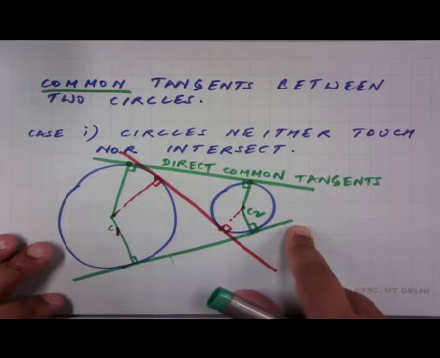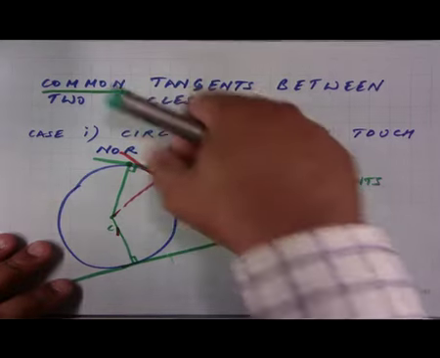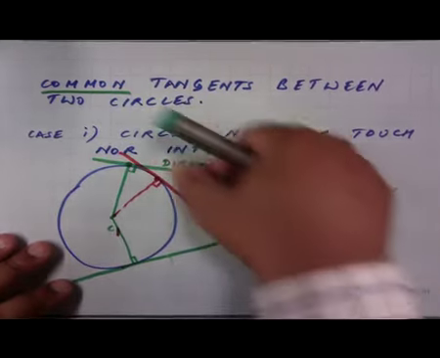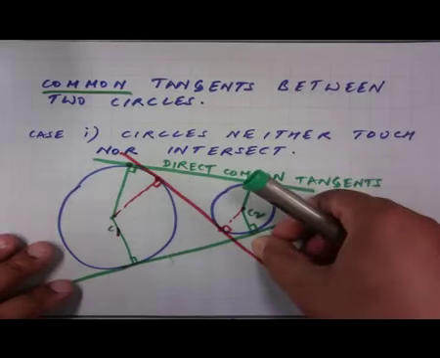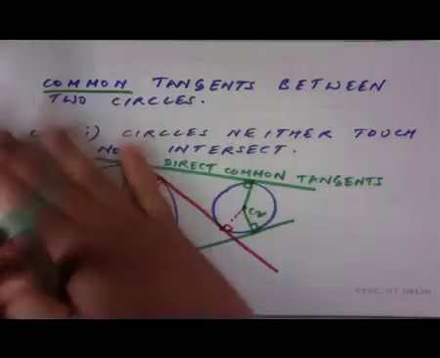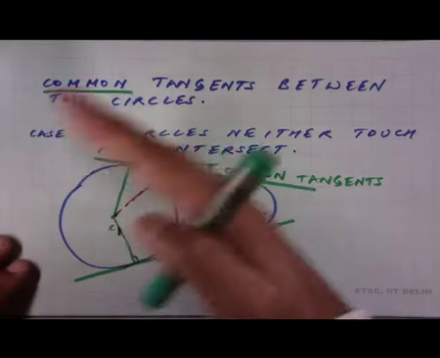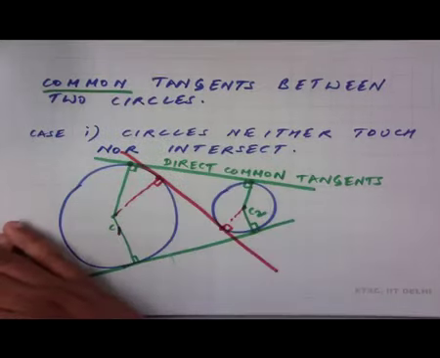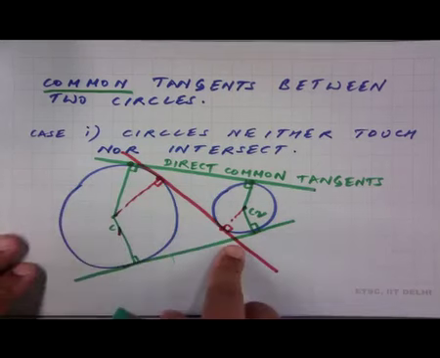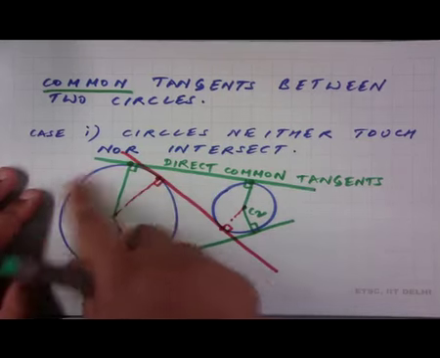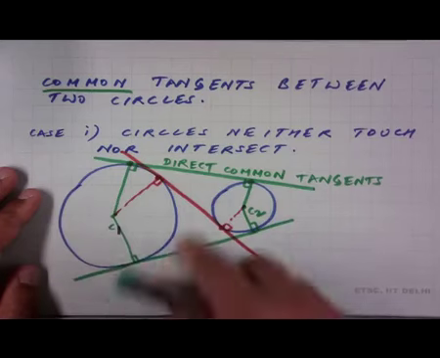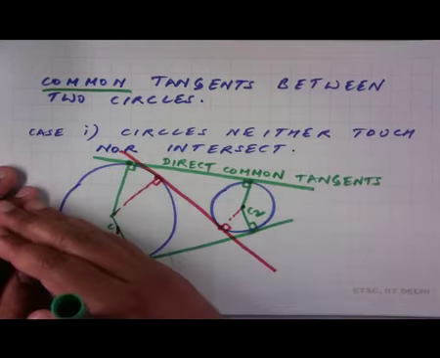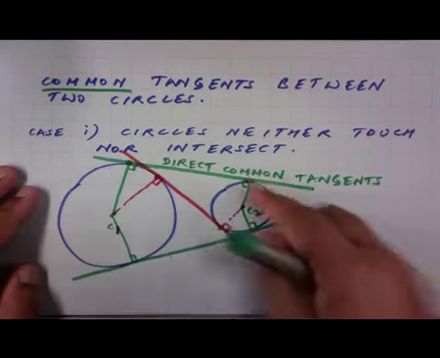But in the case of the red tangent, it divides this surface into two parts, one is this side, the other is this part. In the case of the red tangent, we can see that this bigger circle is on this side and the smaller circle is on the opposite side.